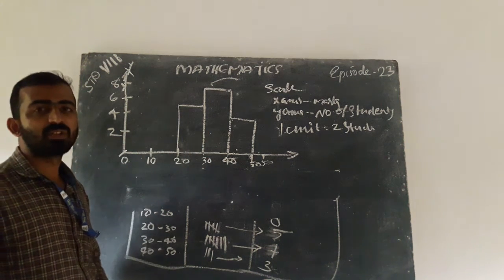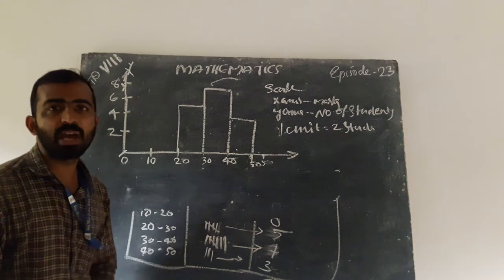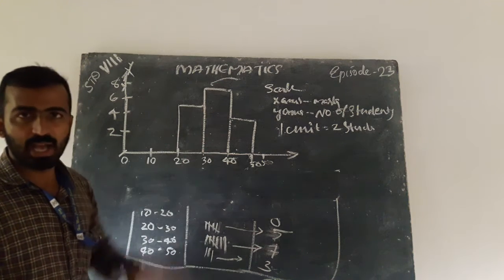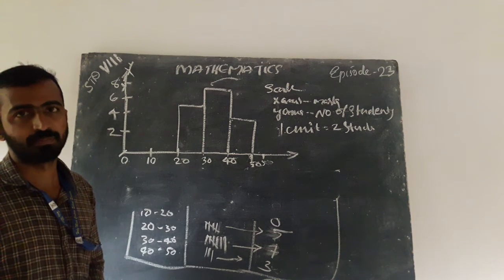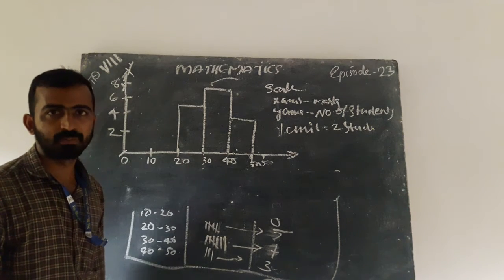Here we can see there is no space between the bars. This type of bar graph is called a histogram.